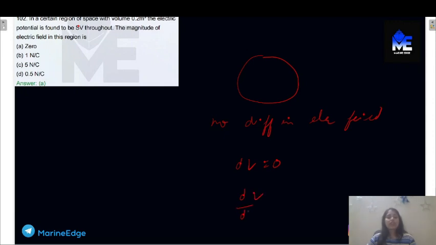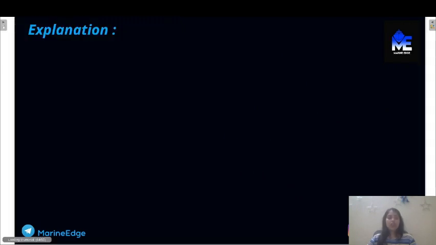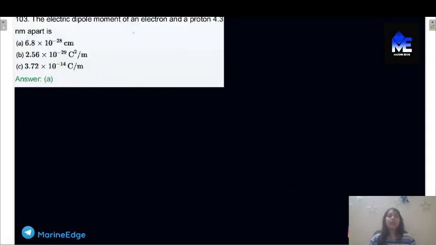So dV by dx, that is your electric field, will become equal to 0. So the answer is 0. Moving on. Electric dipole moment of electron and proton 4.3 meter apart. Same question that we discussed earlier, right? It is option A.